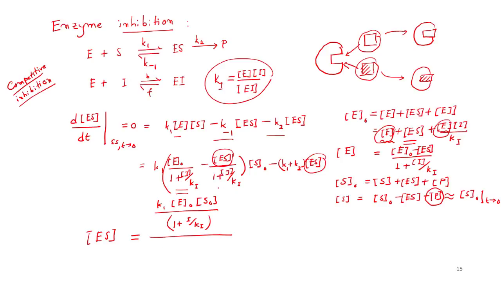You can see here it had 1 plus, so ES is multiplied by 1 divided by 1 plus the concentration of I divided by Ki, plus K1 plus K2.